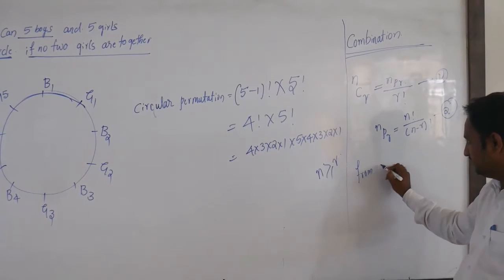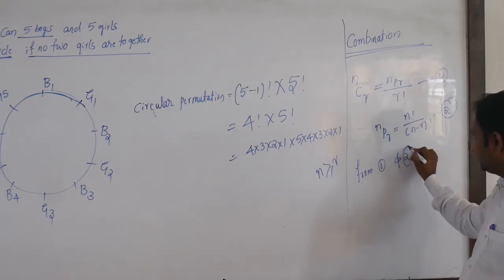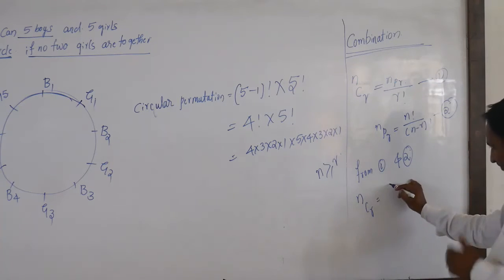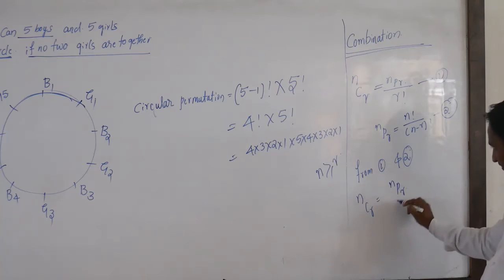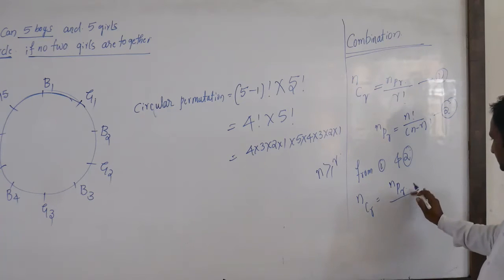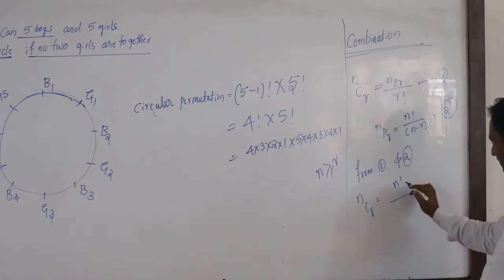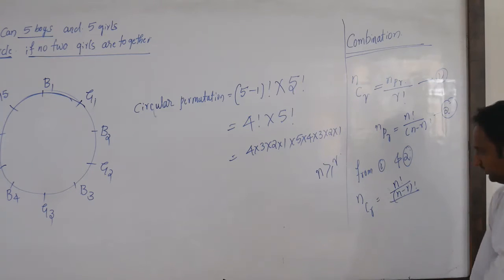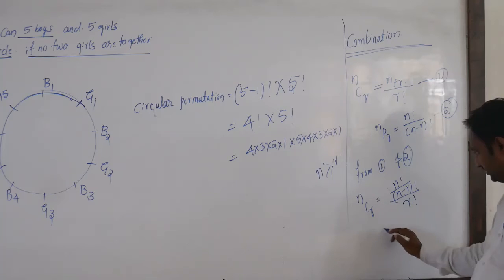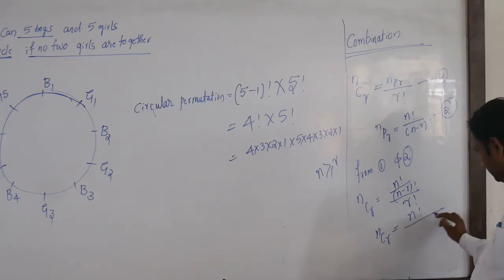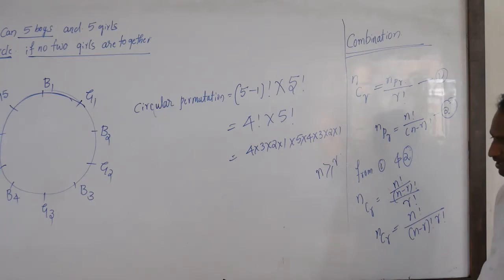From 1 and 2 we get nCr is equal to nPr divided by r factorial. The nPr formula is n factorial divided by (n minus r) factorial, so nCr is equal to n factorial divided by (n minus r) factorial into r factorial.